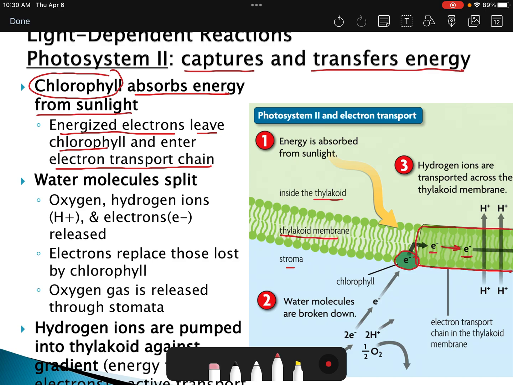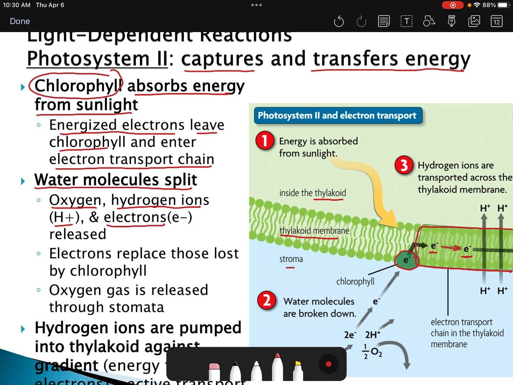The next thing that's happening here is that water molecules split. Water is H2O, and as it's splitting, it's split into oxygen, and then the hydrogen atoms are split further into hydrogen ions, which are positively charged ions. Those represent the protons from the hydrogen atom, and electrons.